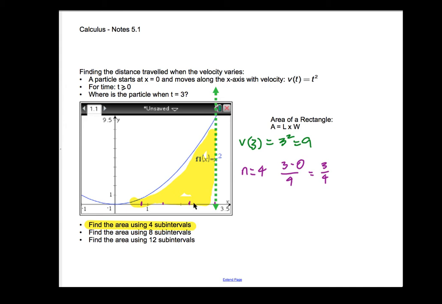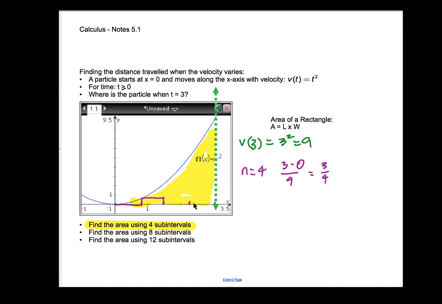What we're going to do is find the area of a rectangle inside each of these subintervals. We're going to take this left-hand side right here, touch the curve, and make a rectangle. My first rectangle, which would be at 0, touches the curve at 0, so it's actually flat and there's nothing there.